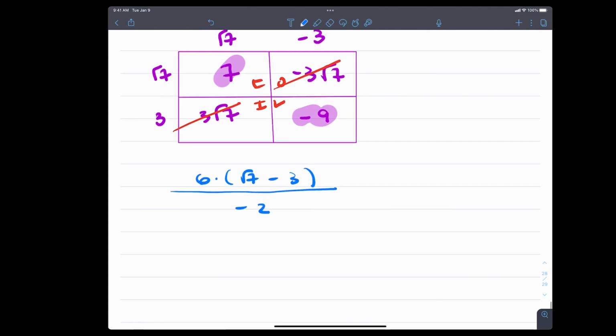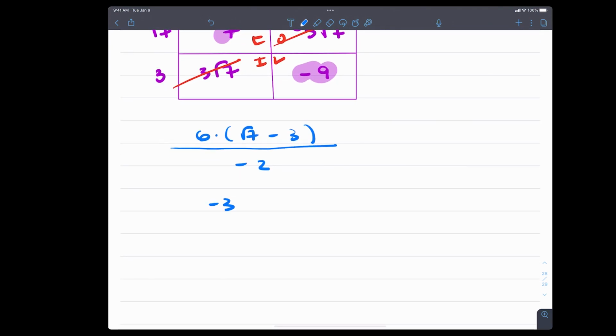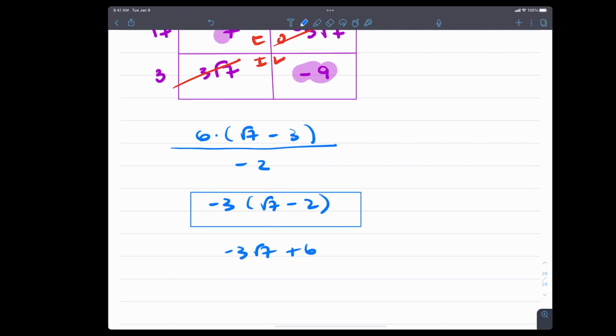So what's 6 divided by negative 2? Is that negative 3? Is that right? So you're done, ladies and gentlemen. If you distributed, that's also okay. So you're good for both of these. There you go.